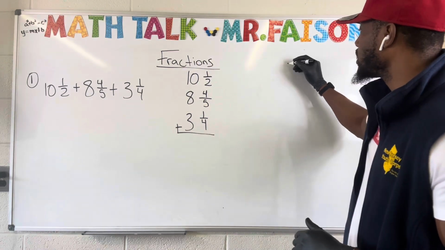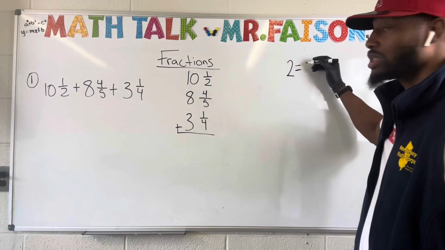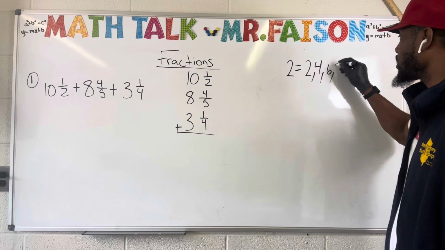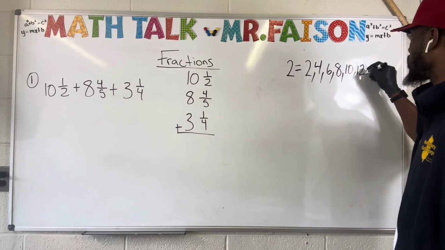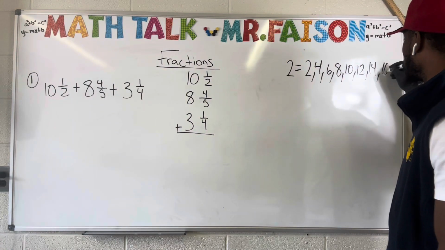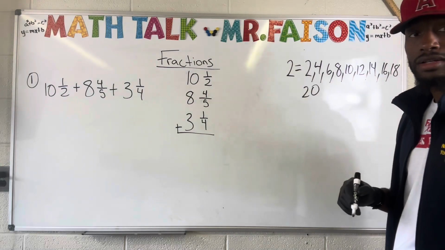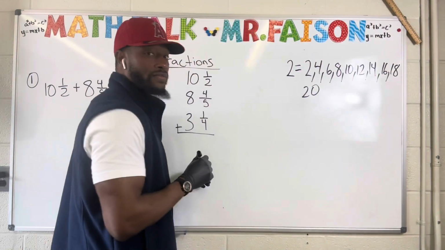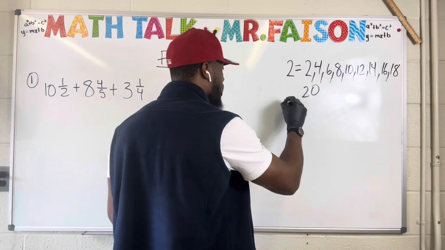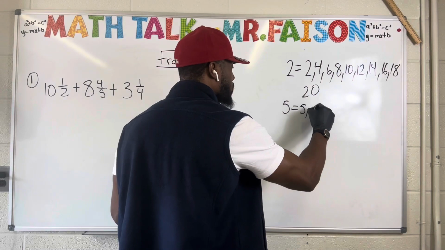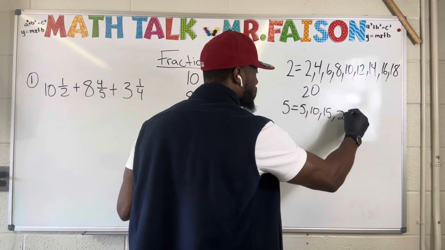First thing we're looking at is this 2, right? I look at multiples of 2. Multiples of 2 are going to be 2, 4, 6, 8, 10, 12, 14, 16, 18, and 20. All right? Now, if I come here for 5, what are my multiples of 5? My multiples of 5 are 5, 10, 15, 20.